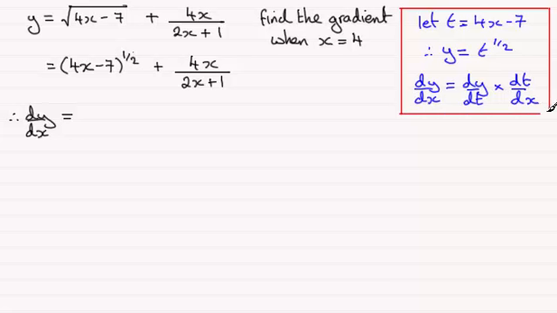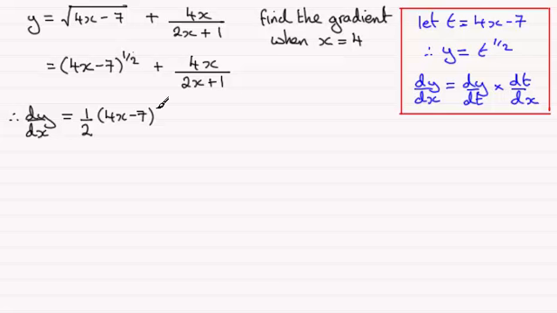So when it comes then to differentiating this term here, I think of this as t to the half. So we differentiate t to the half with respect to t first of all. That's dy by dt there. So you're going to get a half t to the power minus a half. But instead of writing t, remember t is 4x minus 7.